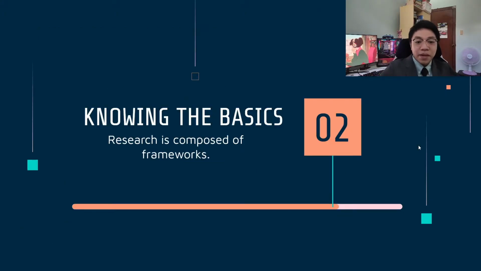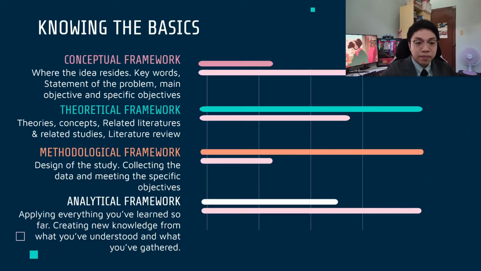So, knowing the basics, research is composed of frameworks. The first one would be the conceptual framework. This is where the general idea of the research resides. This is where the keywords, statement of the problem, main objective, and specific objectives are elaborated, as well as the scope and limitations of the study.